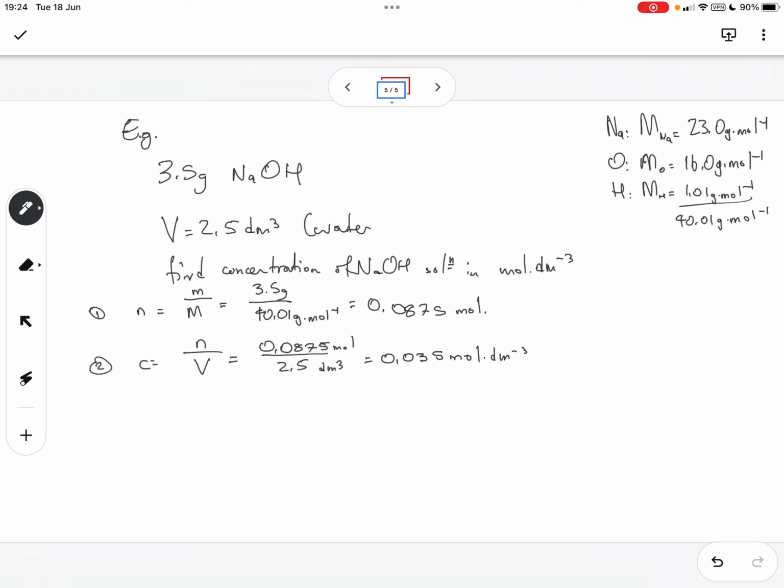We're told initially that the mass of sodium hydroxide given is 3.5 grams. So we simply divide the 3.5 by the 40.01, and that gives us 0.0875 mole, which is the number of moles of sodium hydroxide in 3.5 grams. Now, we're told this number of moles is dissolved in 2.5 liters of water.